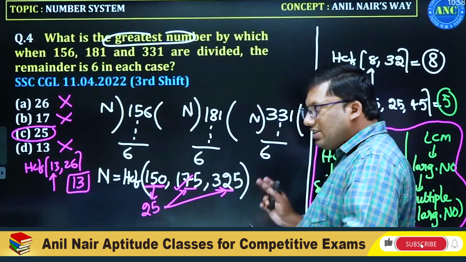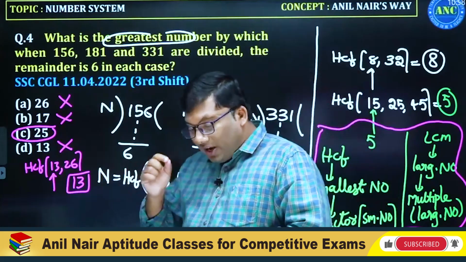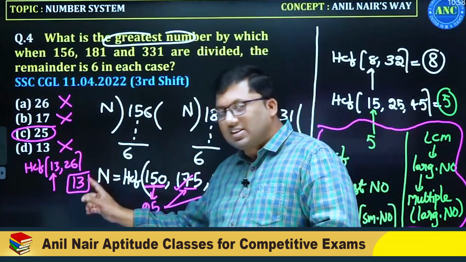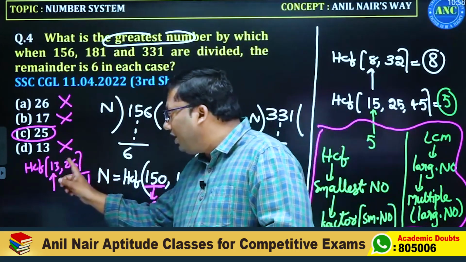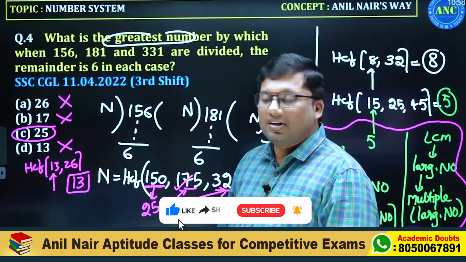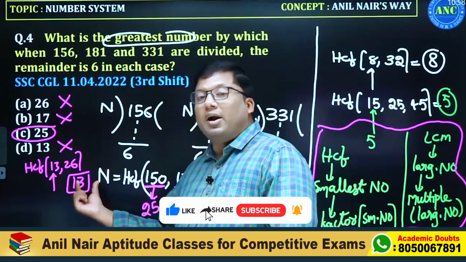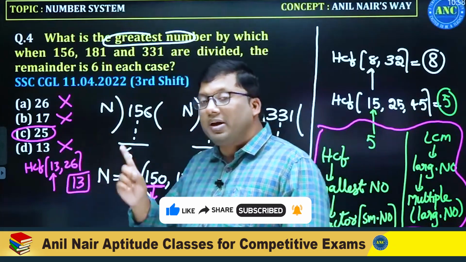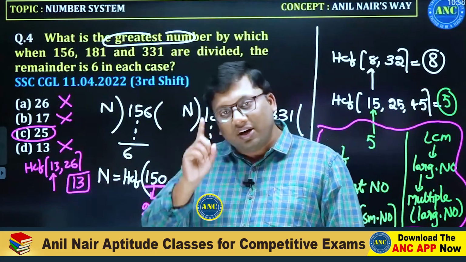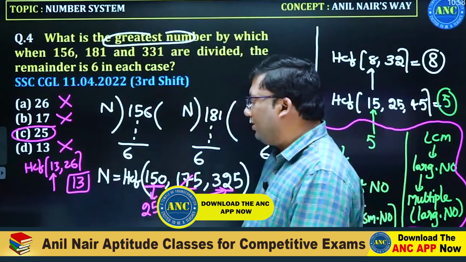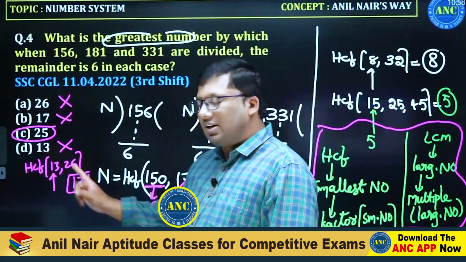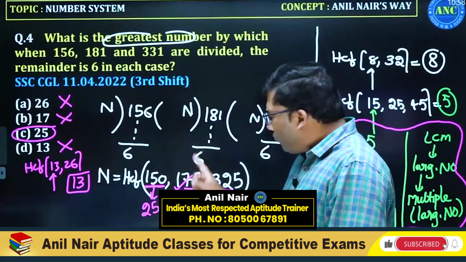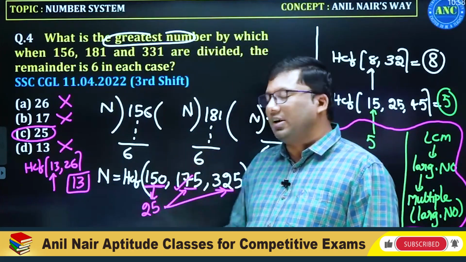Whenever you are finding an HCF, if the answer is K, then every number in the input should be a multiple of K. If the answer is 13, every input number should be a multiple of 13, then only the answer will be a multiple of 13. If option D says 13, every number should be divisible by 13. 150 is not divisible by 13.